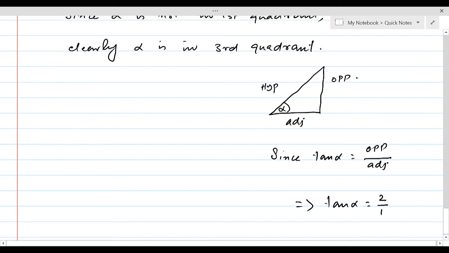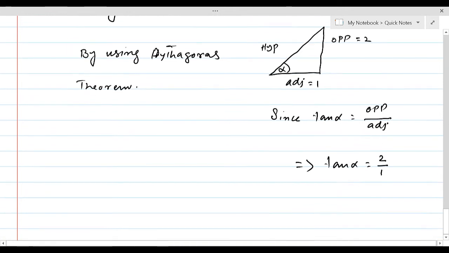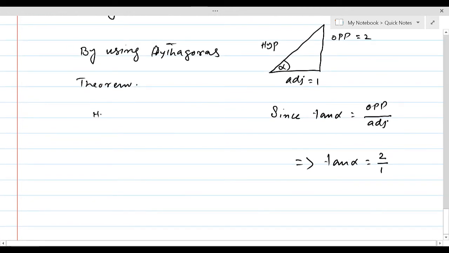If this is equal to 2 and this is equal to 1, then we can find the hypotenuse by using Pythagoras theorem: hypotenuse square is equal to opposite square plus adjacent square.